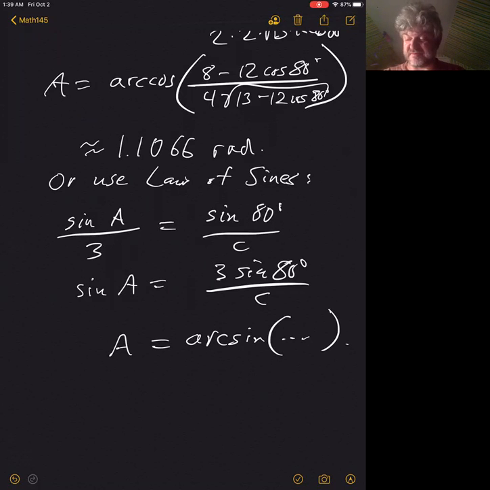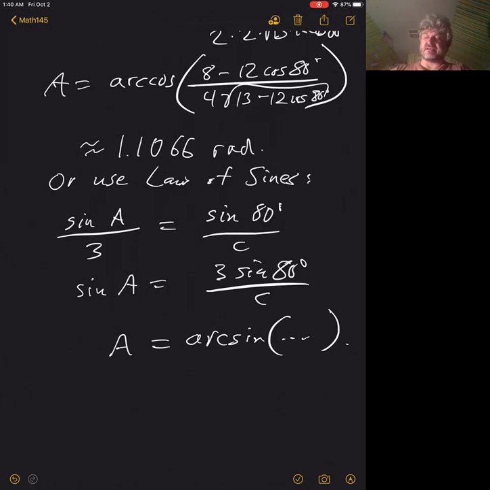It so happens that the arcsine function agrees with what we got from the law of cosines up there. So it's an angle that's less than 90. And the arcsine function will always give me an angle which is less than 90 degrees. But this would not work if the angle was actually bigger than 90 degrees.